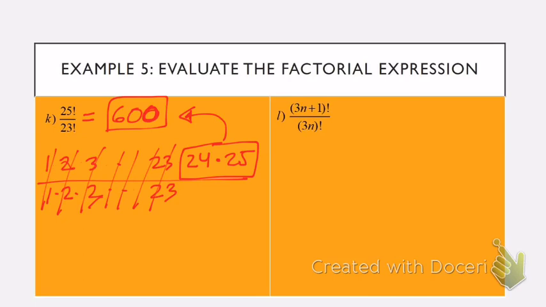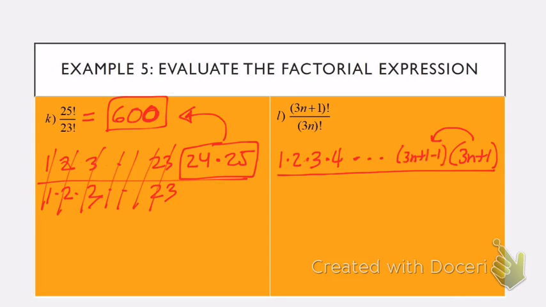This idea is going to help you when it comes to variables being involved. So if you think about this, the numerator (3n plus 1) factorial is 1 times 2 times 3 times 4 all the way up to 3n plus 1. Well, the term before 3n plus 1 is 3n plus 1 minus 1.